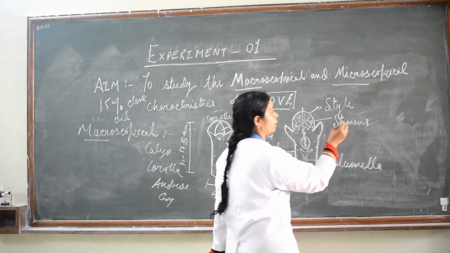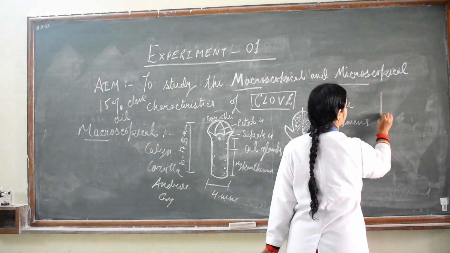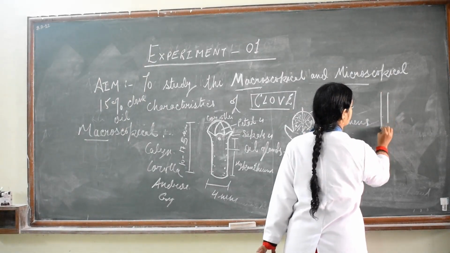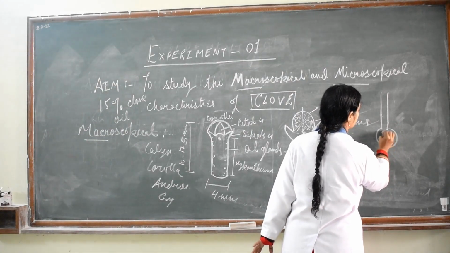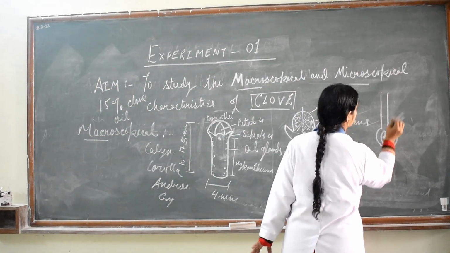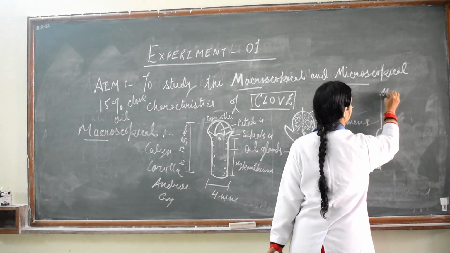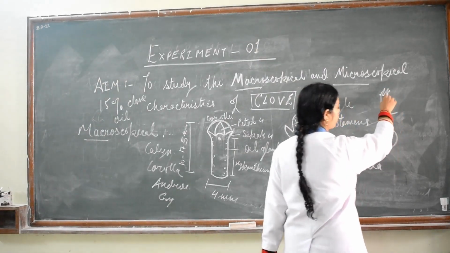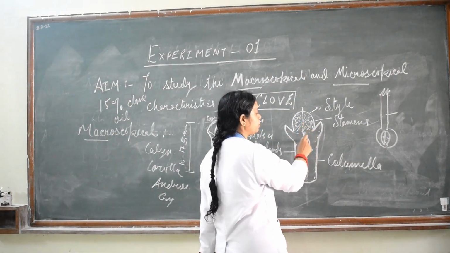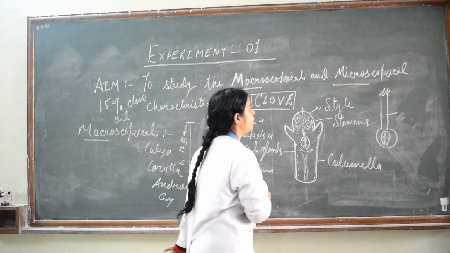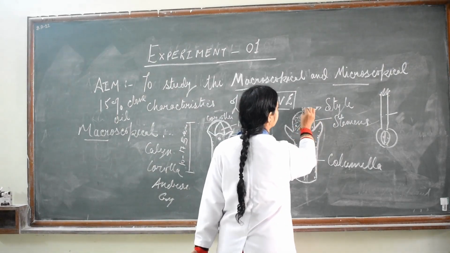If you are remembering, it is like this. So this is the style. The stalk of the ovary is called the style. So this is the gynoecium, which contains ovary, style and stigma, and the style is this.